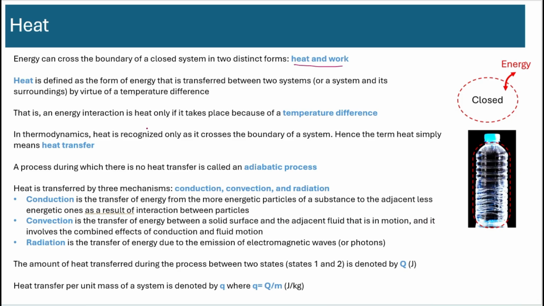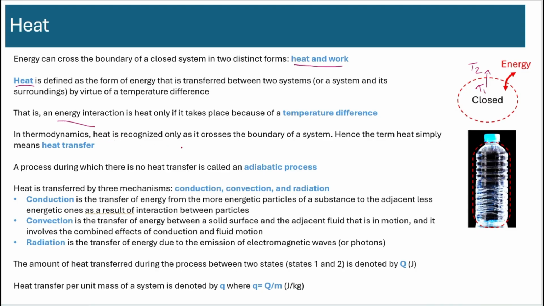Now, how are these two distinguished? Heat is defined as the transfer that happens only if there is a temperature difference. Okay, there's a T1 and a T2 here, and the energy that crosses the boundary due to a temperature difference, even if it's a really small temperature difference, if it's caused by a temperature difference, then that energy interaction is called heat.